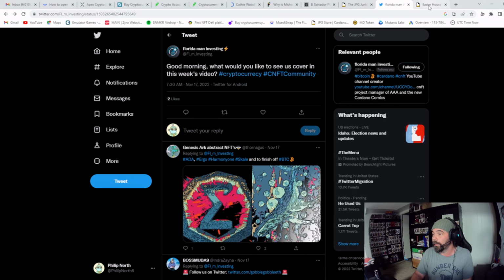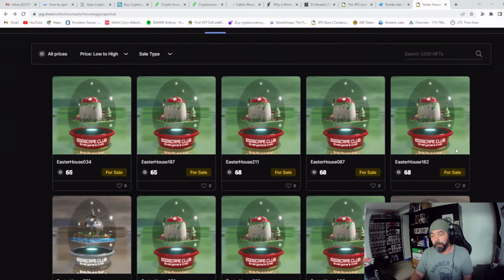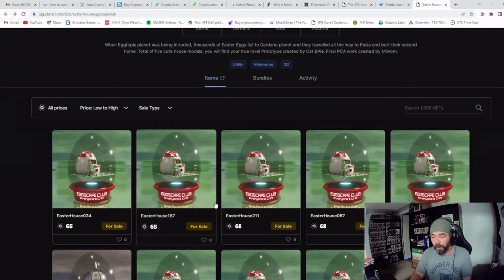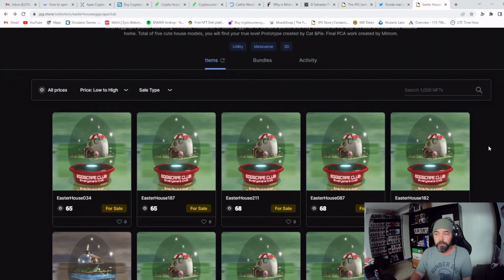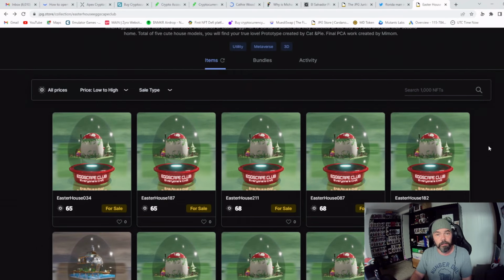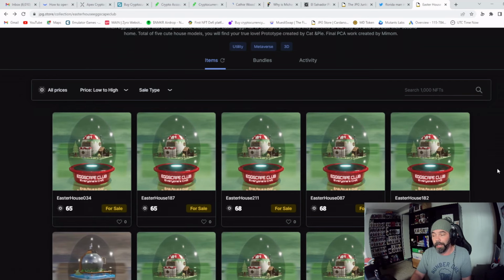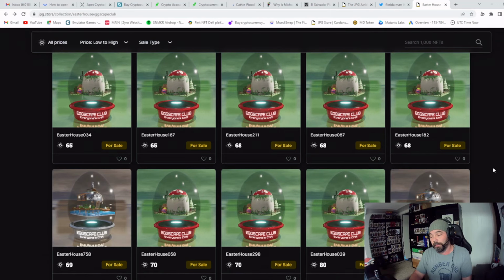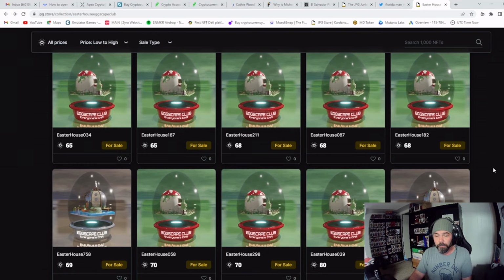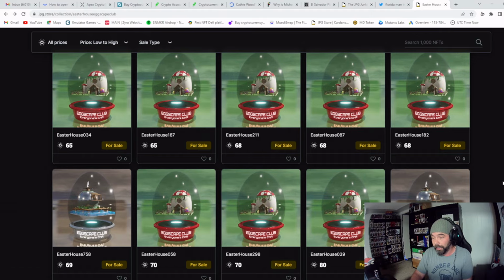The next cNFT we want to talk about is the Easter House Eggscape Club. These are an awesome project that they have launched, and they did get a sellout. And if you own the Egg Secret NFT, you were able to mint this at only 15 ADA at the time. And then there was a second round that you were still getting a discount of 10 ADA.